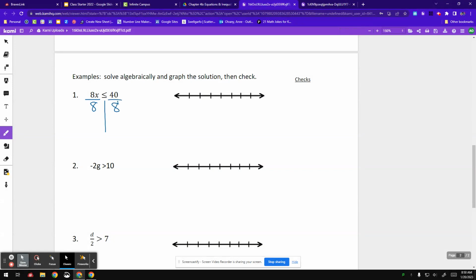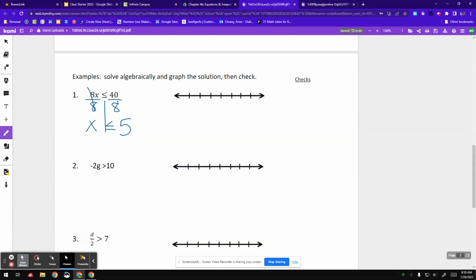So my 8 divides to give me 1x. I didn't divide by a negative, so I can just bring down my less than or equal to sign. And 40 divided by 8, Avery? You got it, x is less than or equal to 5.